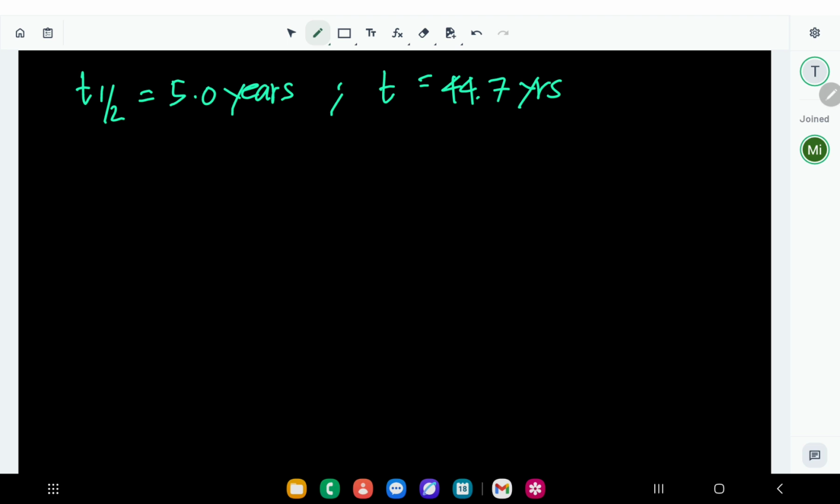Round your answer to 2 decimal places. We're asked here for the percent decayed, right? Percent of the sample of radioactive element, so the percent of the sample that is decayed.